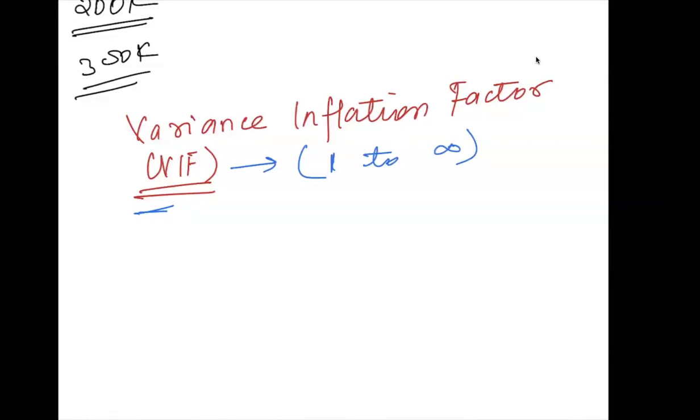If the VIF value is less than 5, it means there is no multicollinearity.